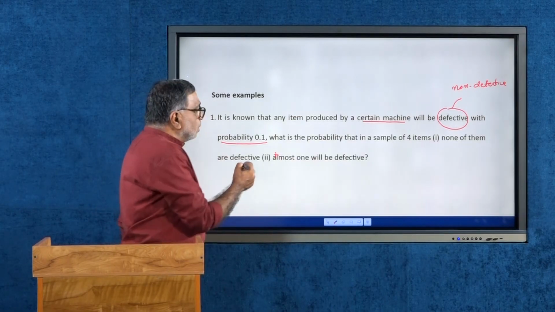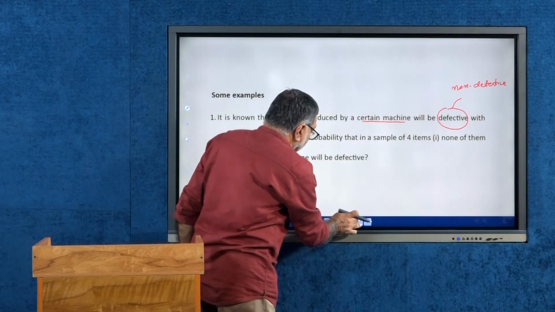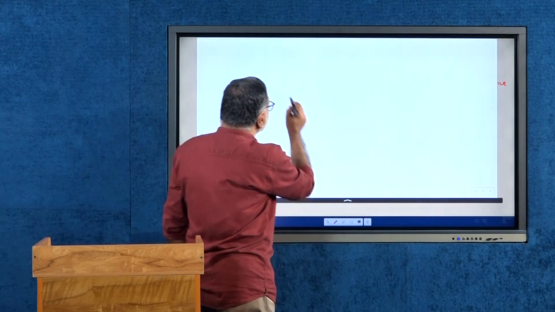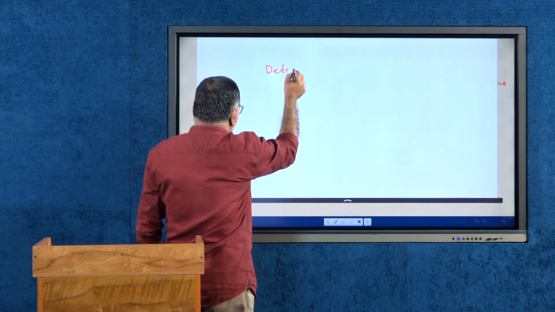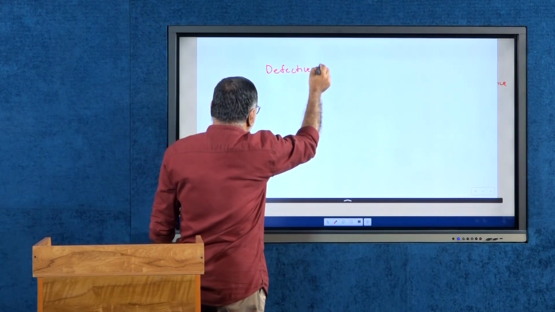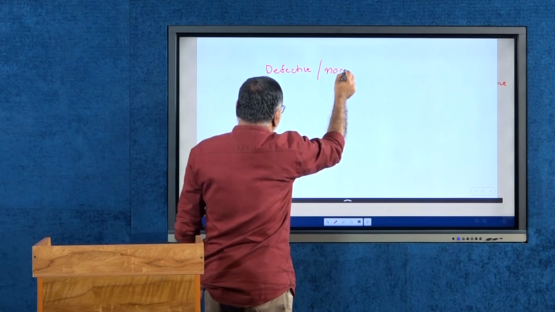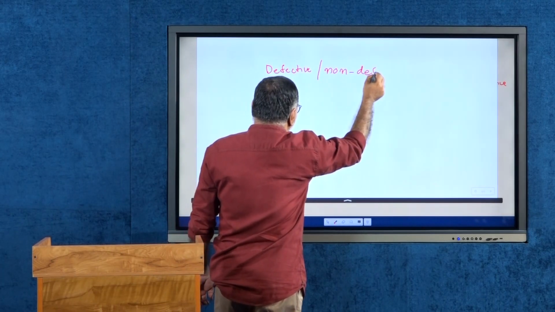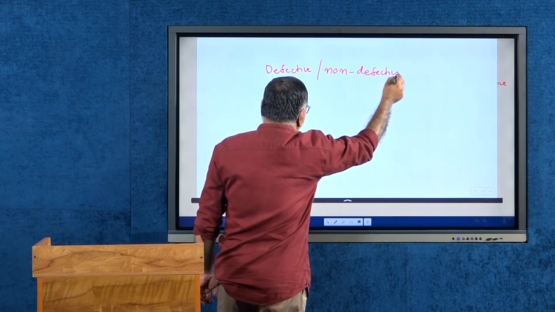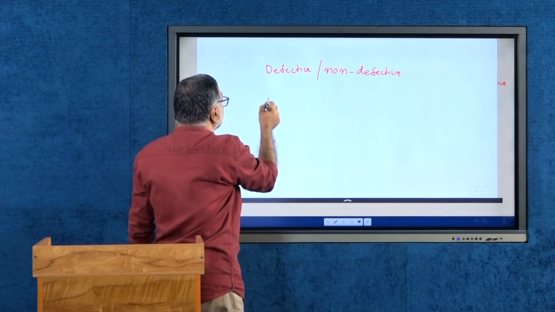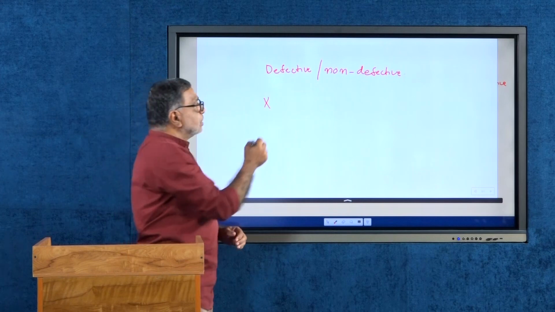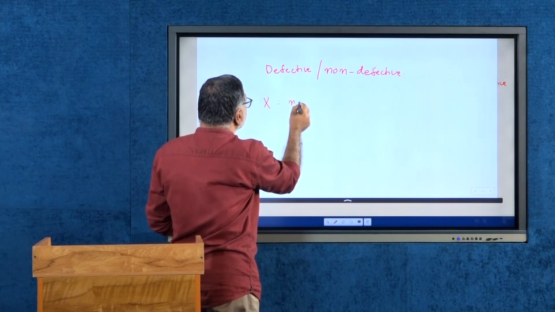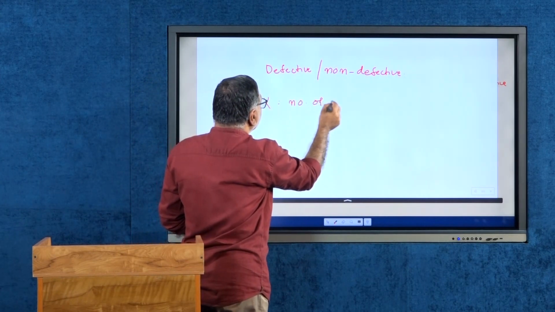So, here let us define the random variable X as the number of defectives.